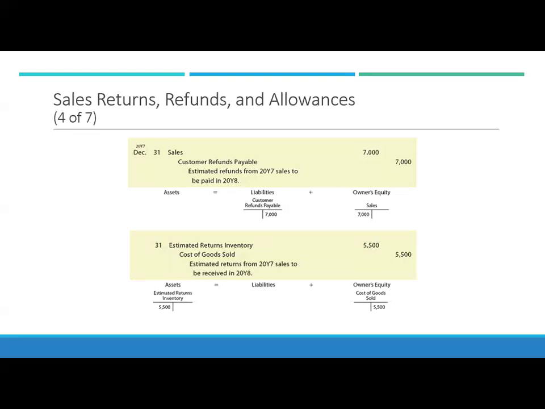I mean, think about Toys R Us or something, right? A whole bunch of people are buying stuff for Christmas, and then the unhappy children return it all in January, right? They know, they have a pretty good estimate of how much is going to be returned, and they have to accrue for that.